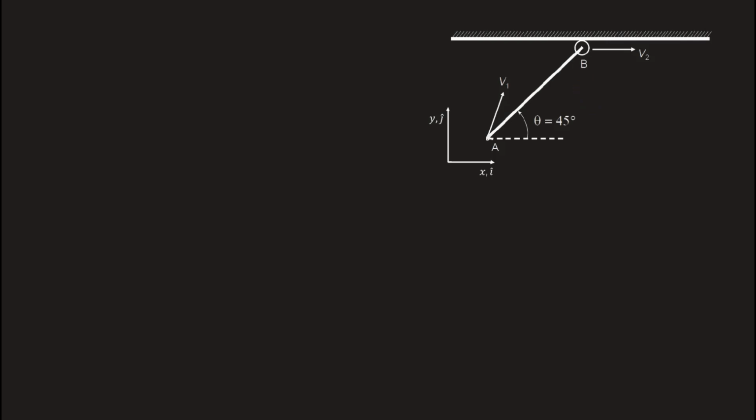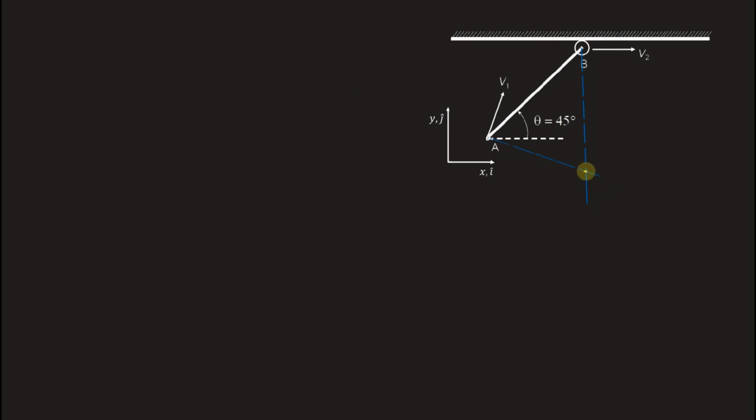That instantaneous center can be obtained by drawing lines perpendicular to the velocity direction. So if we draw perpendiculars to both the velocity directions, we can obtain the instantaneous center at their intersection.